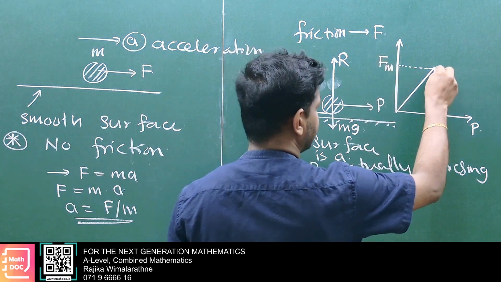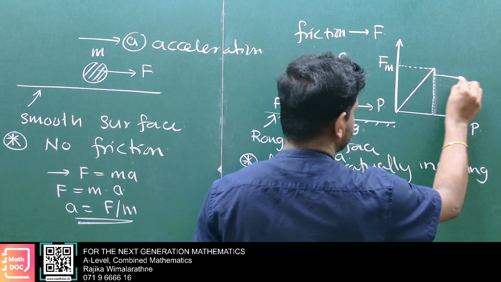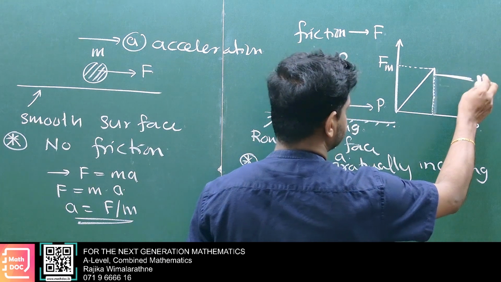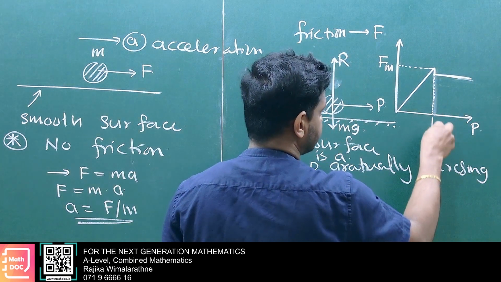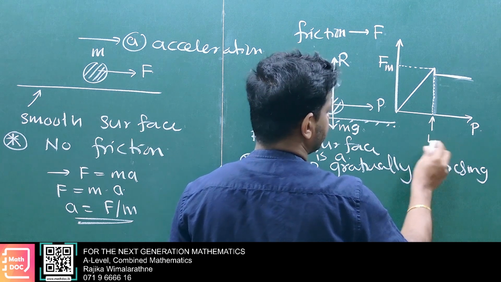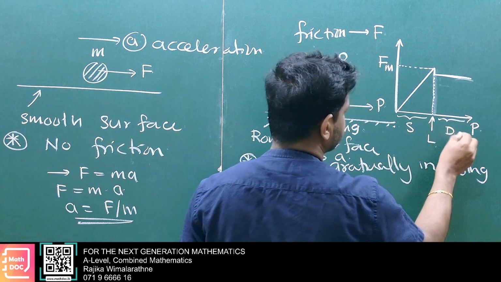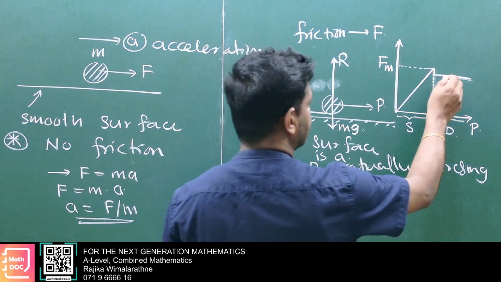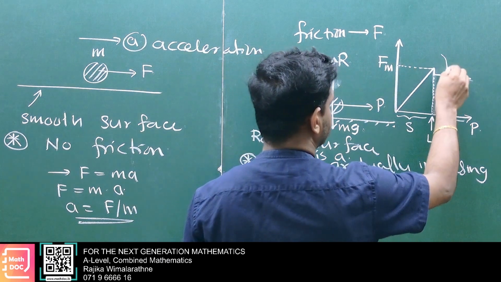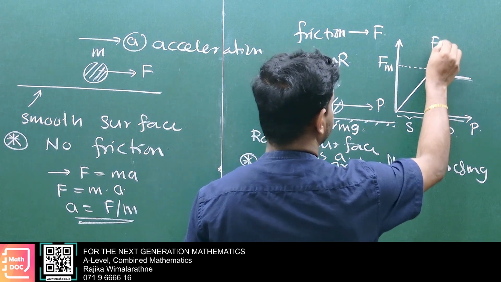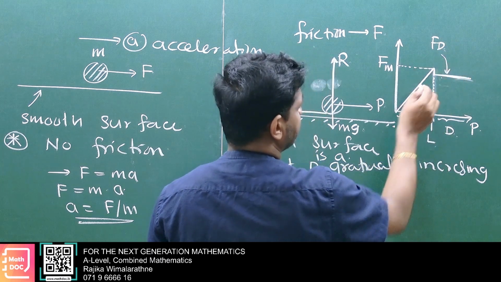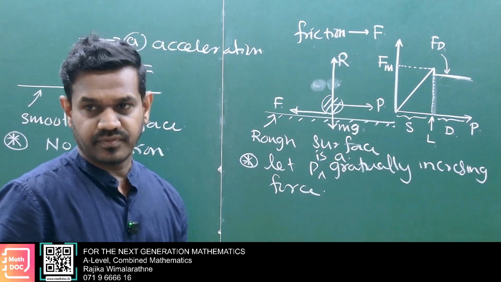Later, for dynamic friction, it is less than maximum friction and is a constant value, let's say FD. Here is the limiting point, this part is statics and this part is dynamic.